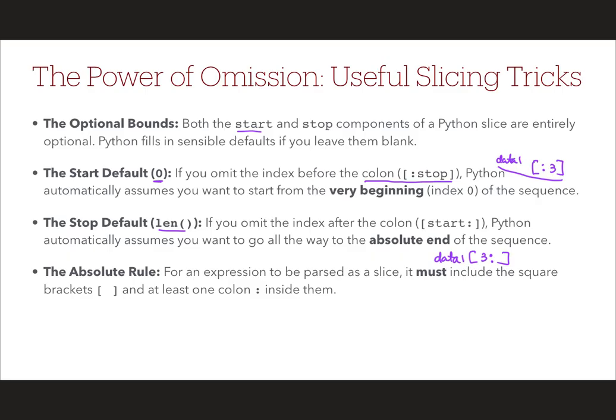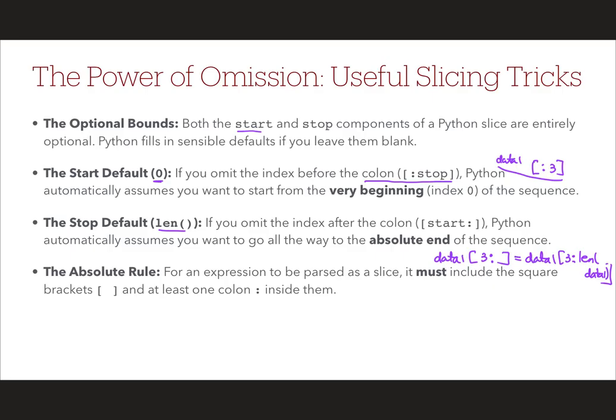And if the stop value is omitted, then that is interpreted as data 1 with 3 colon, the length of data 1. So that means I want to consider all the letters starting from the index 3 to the end.